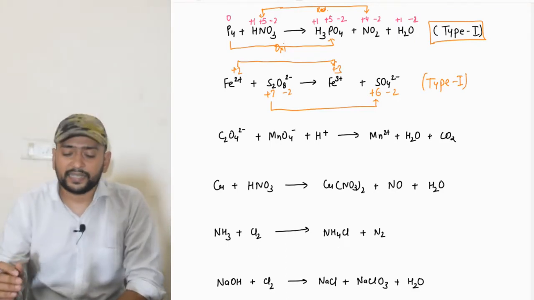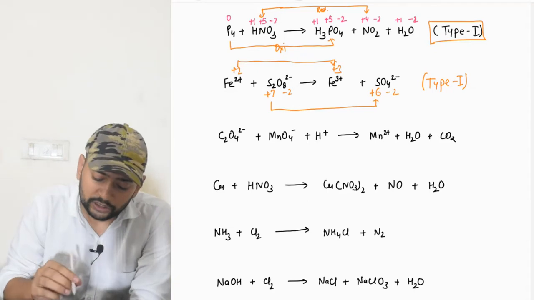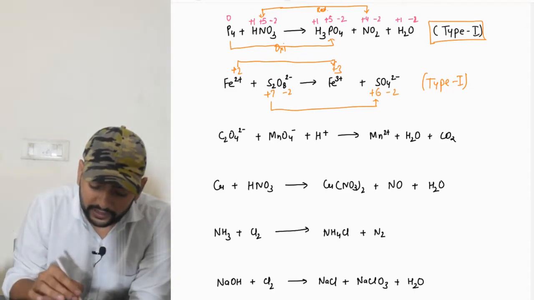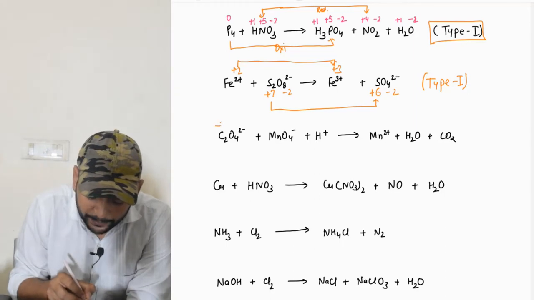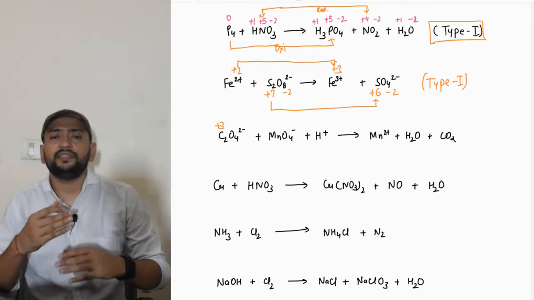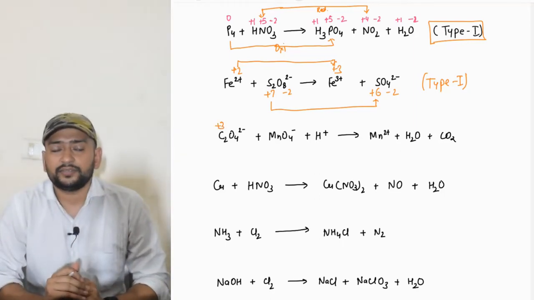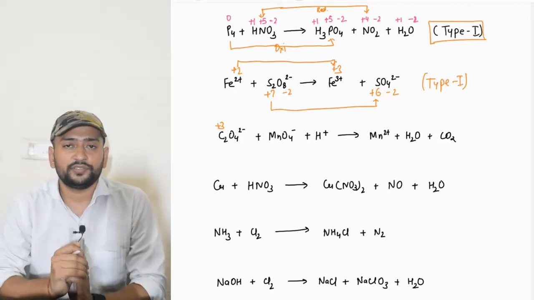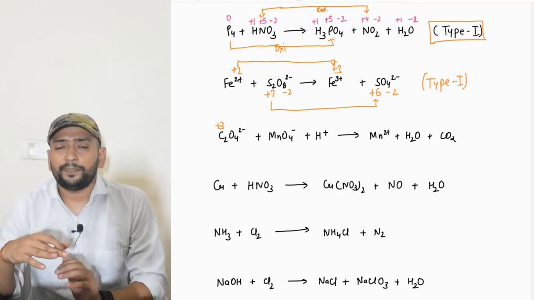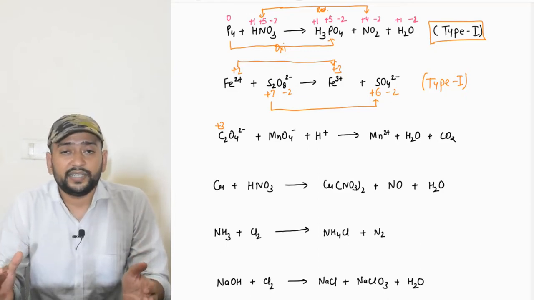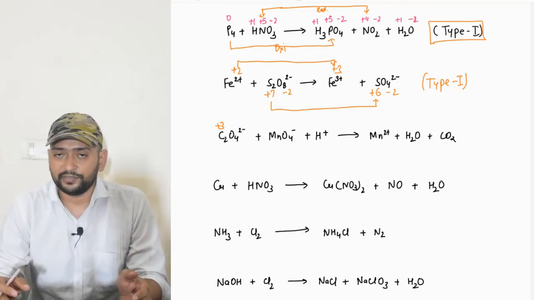So let's move ahead and see the third example. In the third one, the oxidation state of carbon is +3. Now the biggest question is, how will you remember the oxidation state of a particular atom? If you practice a lot, then definitely you will remember most of the oxidation states.